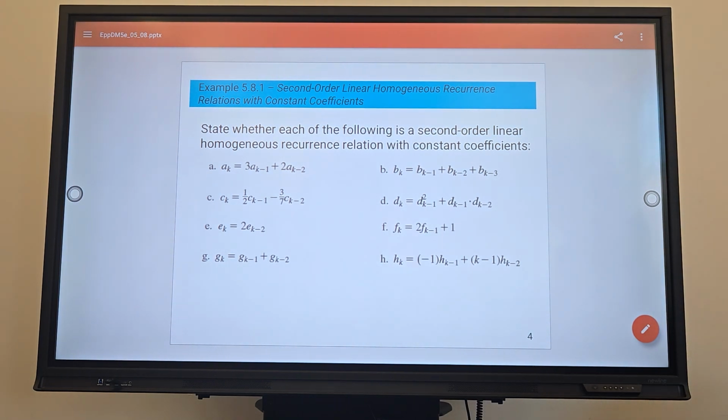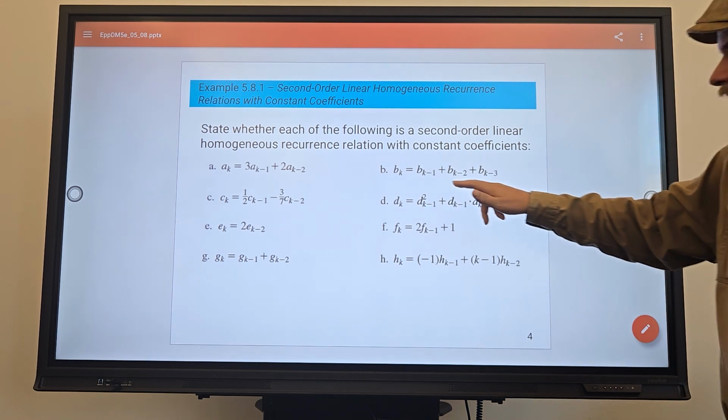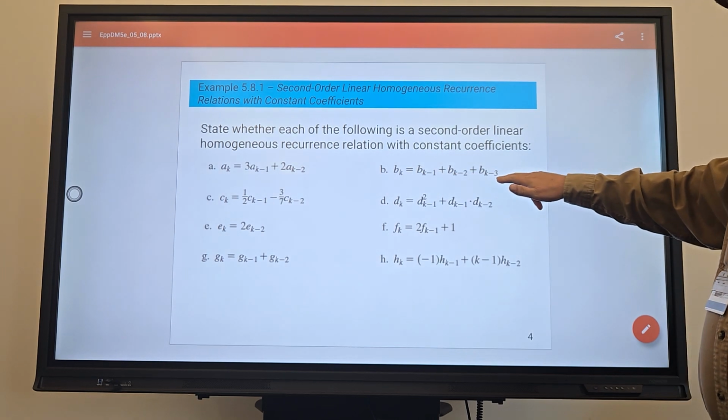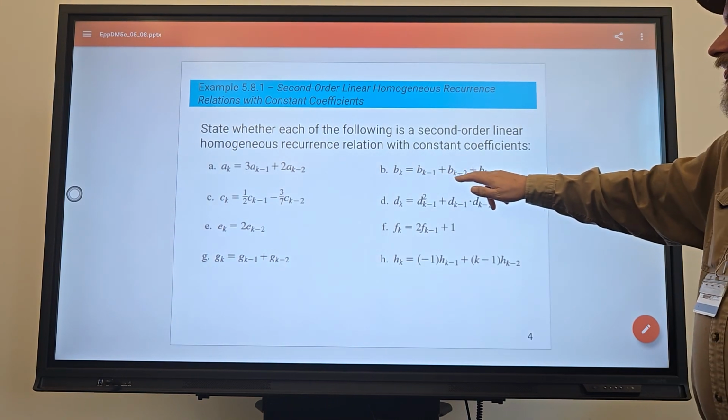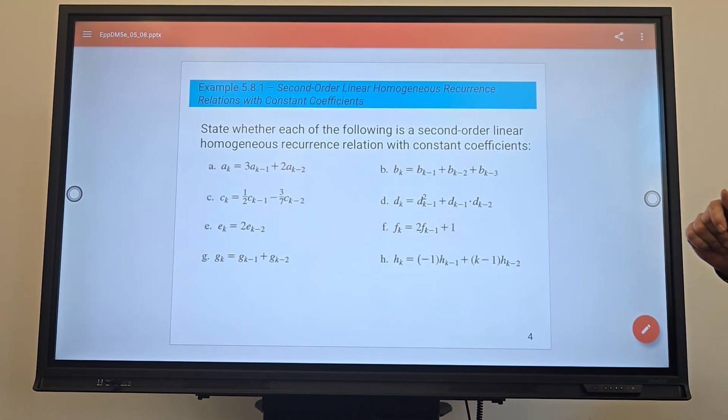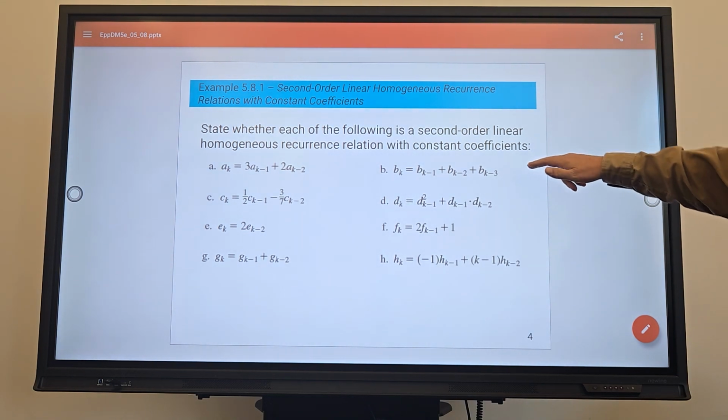So yes, that is a mouthful to say. Now B, there's three terms. So this would be a third order recurrence relation. So that's not a second order.